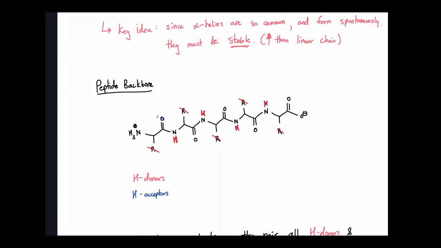Meanwhile, these carbonyls are H bond acceptors, right? These lone pairs. So ignoring the termini, just looking at the backbone, you can see all the H bonding that goes on here, in this orange area. Just ignoring the R groups, we see a lot of potential for H bonding. I missed this guy there, and this guy. Point is, lots of H bonding, and we need to make sure that all those H bonds are fulfilled.